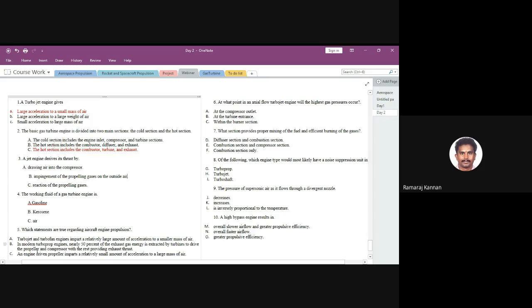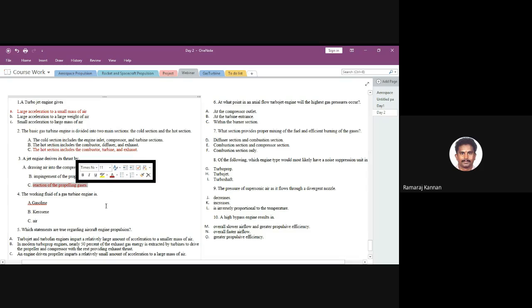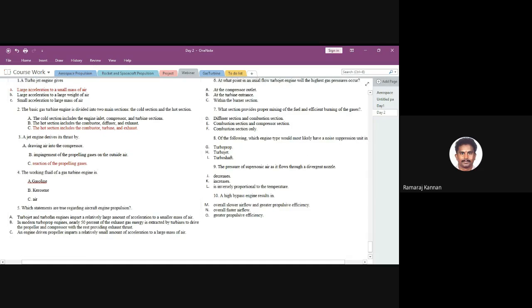The third question, the jet engine derives the thrust from the reaction of hot propelling gas. The working fluid of a gas turbine is air.